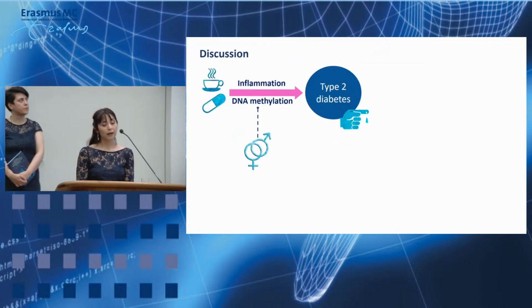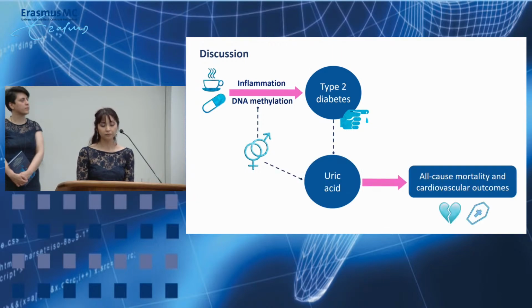So in my thesis, I found that coffee consumption and statin use were determinants for type 2 diabetes, one being a protective factor, while the second being a risk factor. And this could be due to changes in inflammatory response and in DNA methylation of key genes. We also found that for DNA methylation changes, this could be sex-specific.